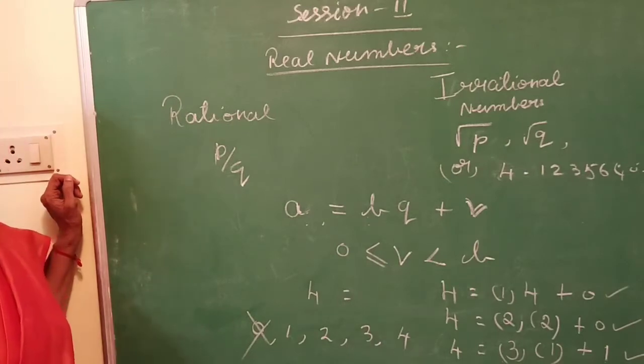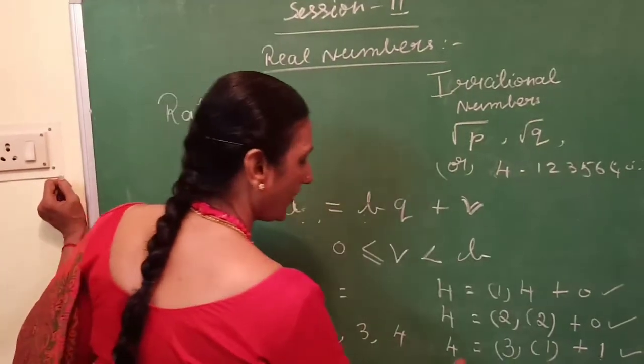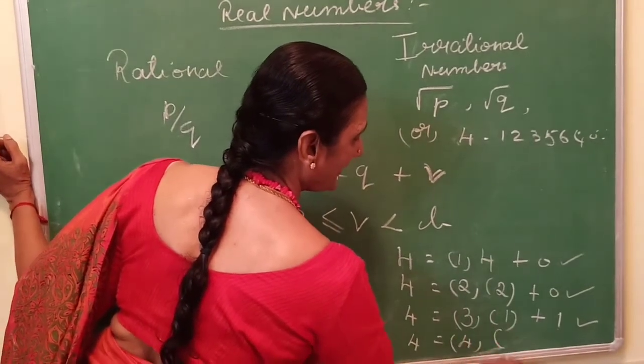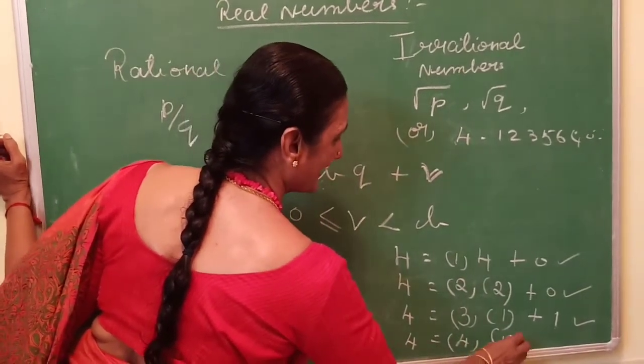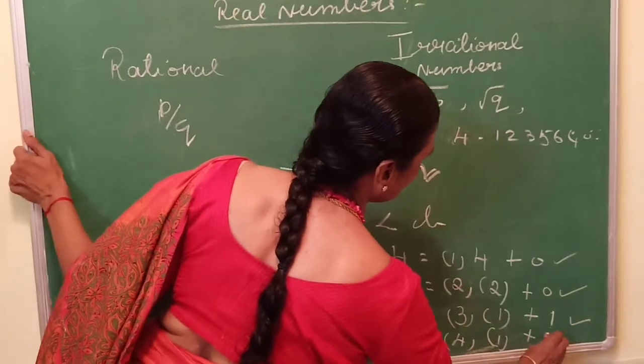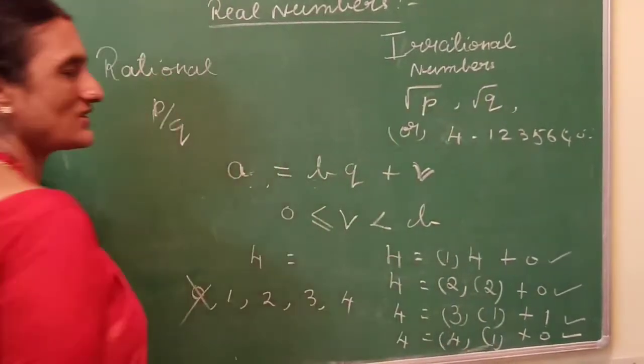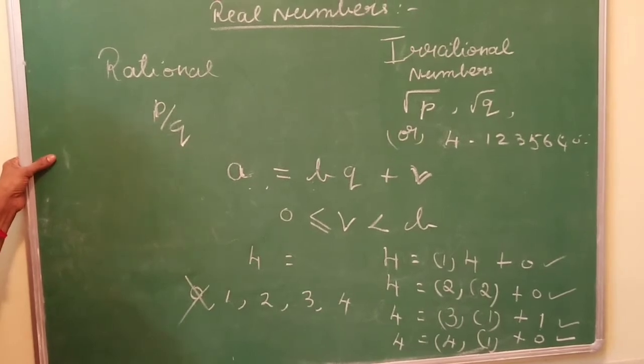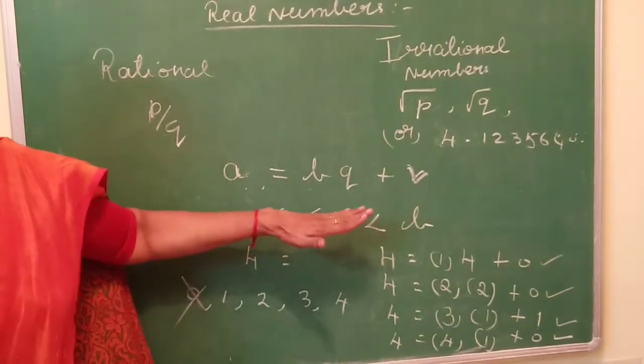Now we divide 4 by 4 itself. How many times can we divide? Only one time. What will be the remainder? 0 is the remainder. So like that we will be able to fit all the numbers in this form.